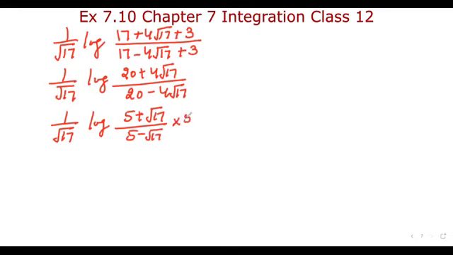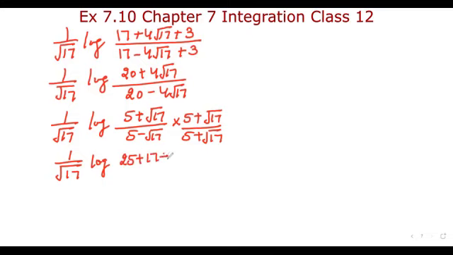Now I can rationalize: multiply and divide by 5 plus root 17. This is 1 upon root 17 log of 5 plus root 17 whole square. So a plus b whole square is 25 plus 17 plus 10 root 17, divided by 25 minus 17.